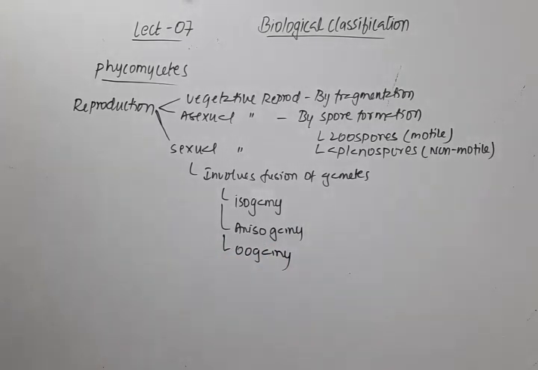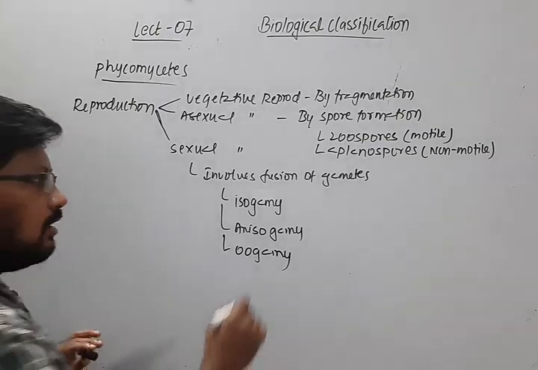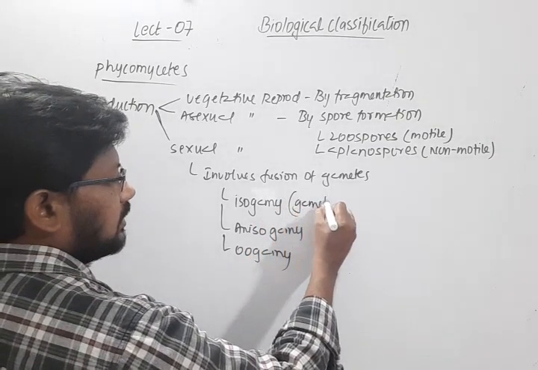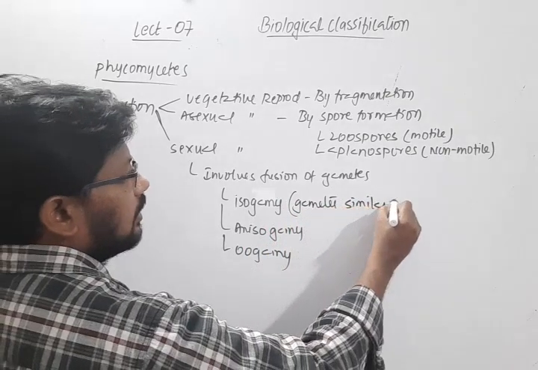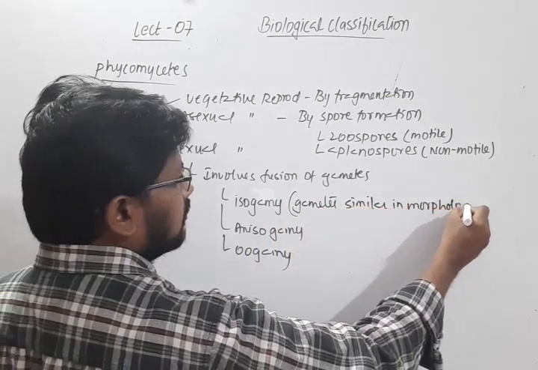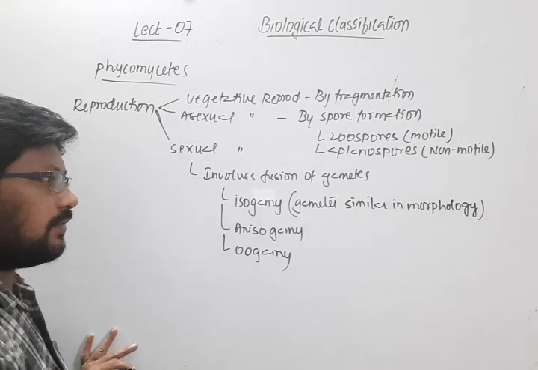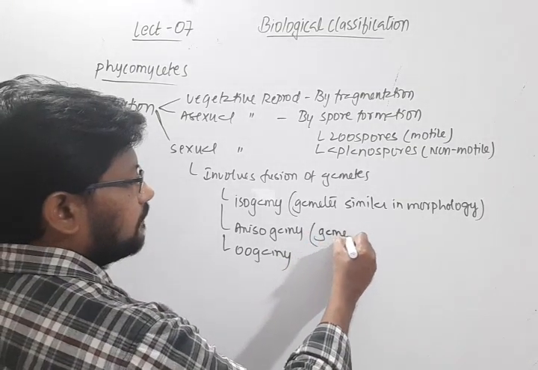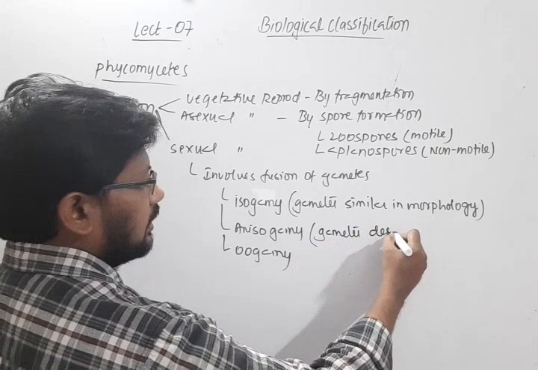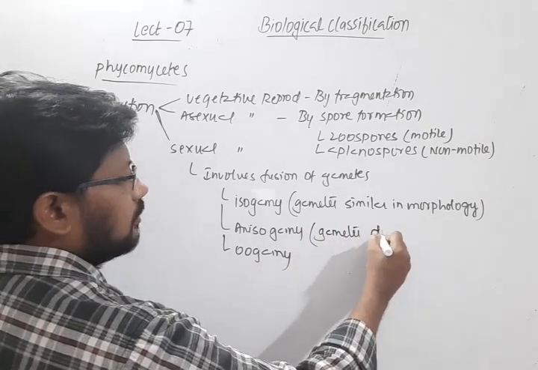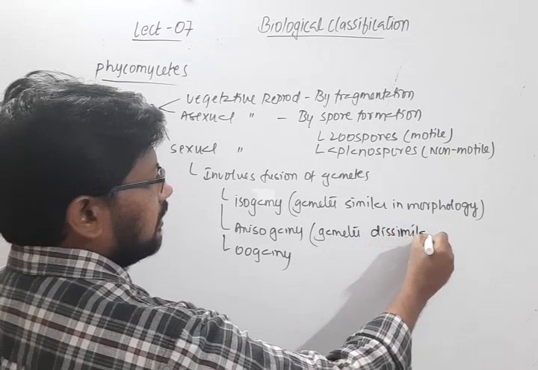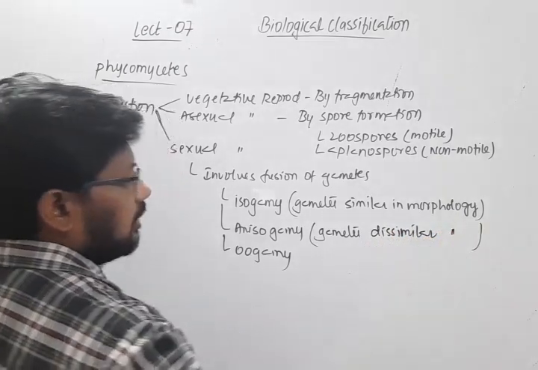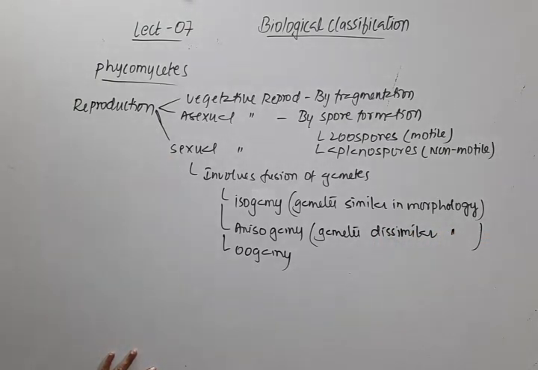Coming to isogamous, we see the gametes are similar in morphology. Such fusion of gametes we call the isogamous condition. And in anisogamous, the gametes are dissimilar in morphology, and their fusion is called anisogamous.